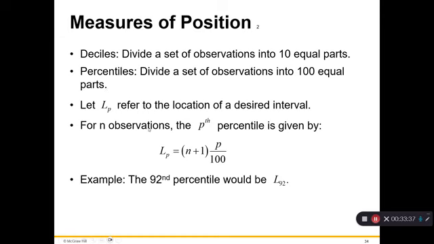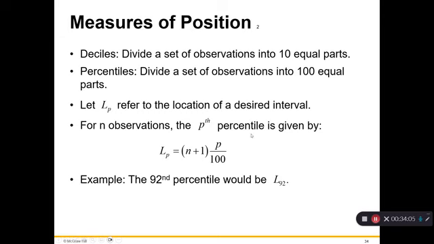So the formula we use for that purpose is LP equals (n plus 1) multiplied by P divided by 100. LP refers to the location of a desired percentile. Now, if we are looking for something like the 92nd or 36th percentile, that's what it means.